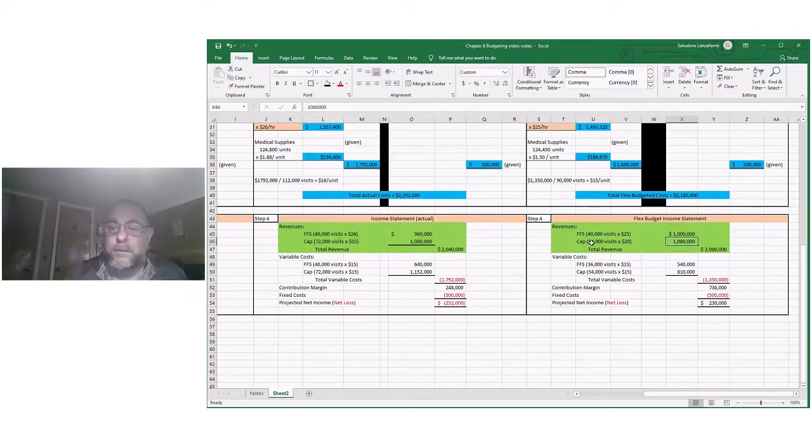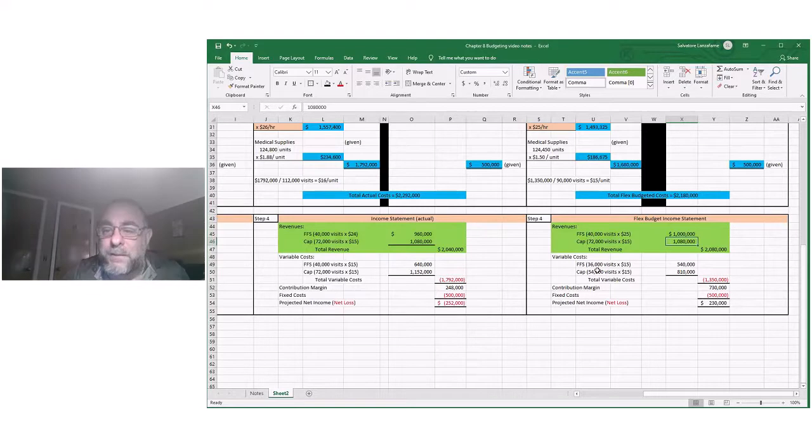And instead of 54,000 per cap revenue, we're using 72,000. But 72 at 15, not at 20. So that gives us $1,080,000 again. Total revenue $2,080,000.